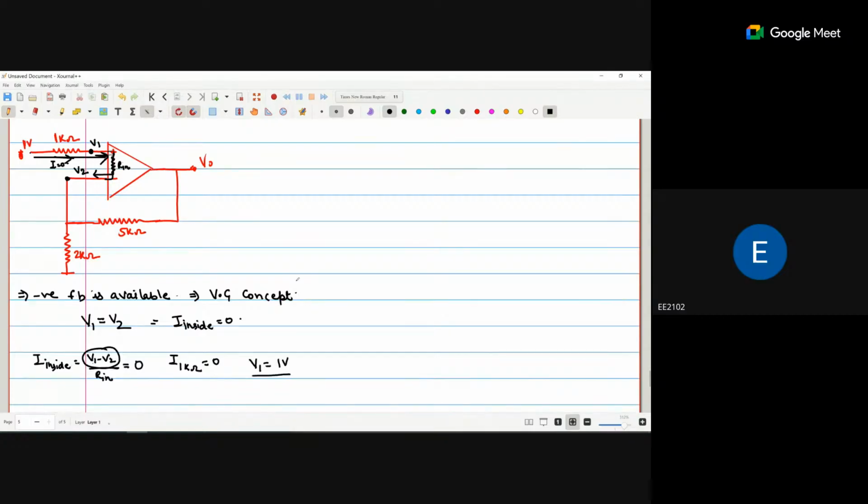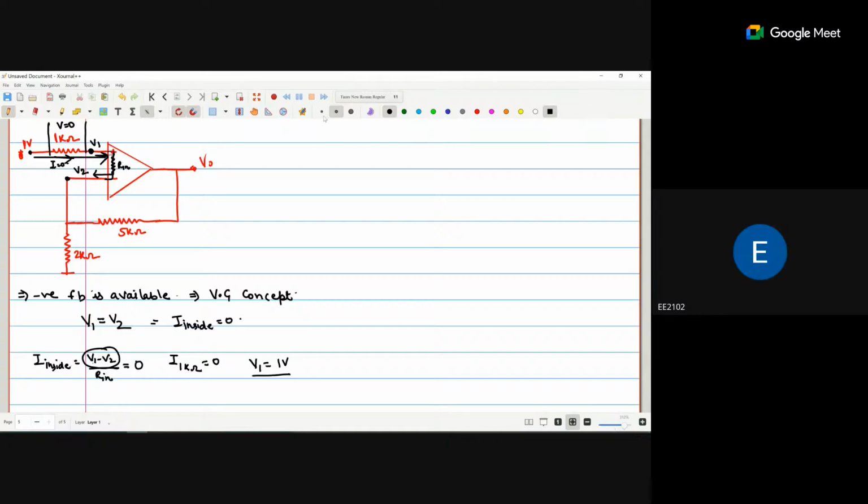Why? Because the drop across the 1 kilo ohm is 0. If current is not flowing, the drop across 1 kilo ohm is 0, so the complete voltage that we apply appears at this point. So V1 is 1 volt. Clear.